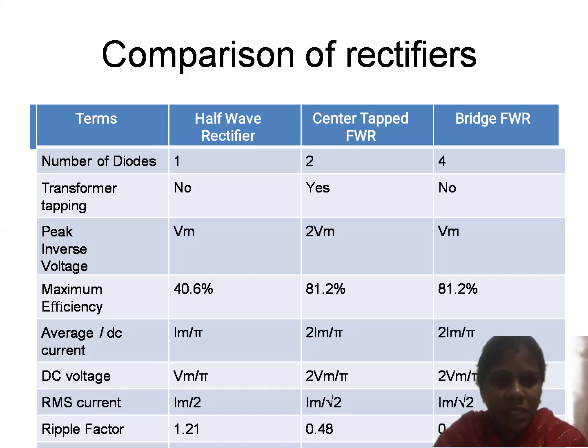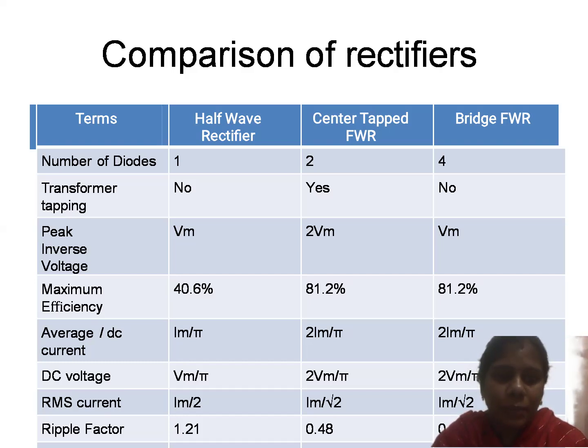For example, if we consider the first parameter, the number of diodes: the number of diodes used for the half wave rectifier is only 1. Why? Because the name itself indicates that half wave means it is going to conduct only for half a cycle. That's why it uses 1 diode. Next, for the center tapped full wave rectifier, the number of diodes is 2, and the bridge rectifier has 4.